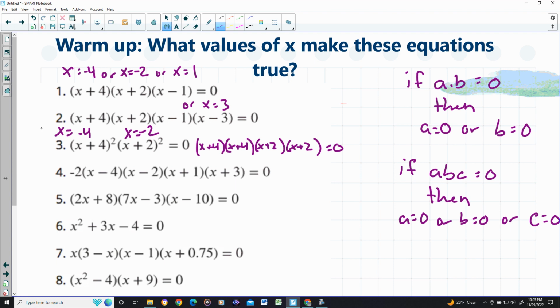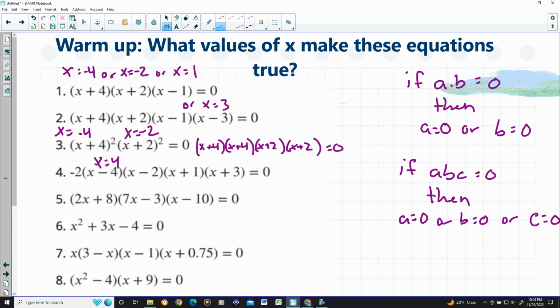For the rest of these, they're going to act exactly as we would before. So the negative 2 in front of the factor does not affect x-intercepts, right? Because if x is 4 for this factor, then you get 0, and 0 times negative 2 is still 0.